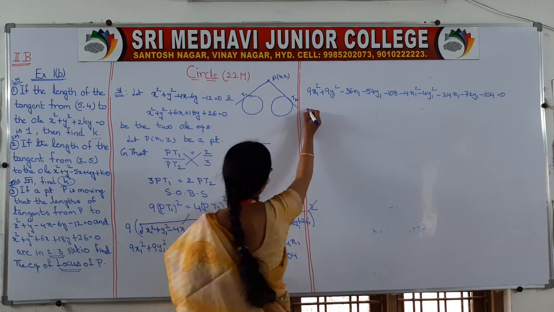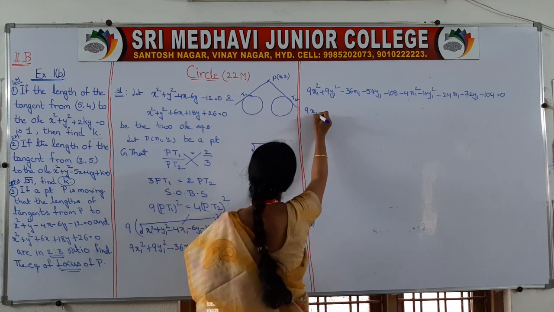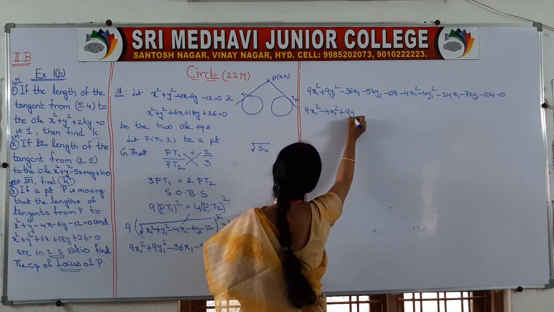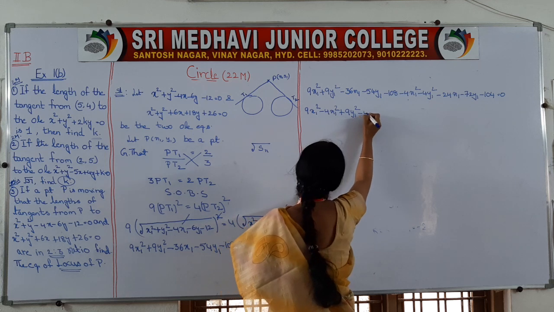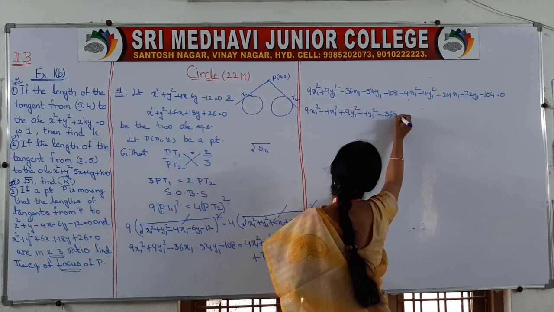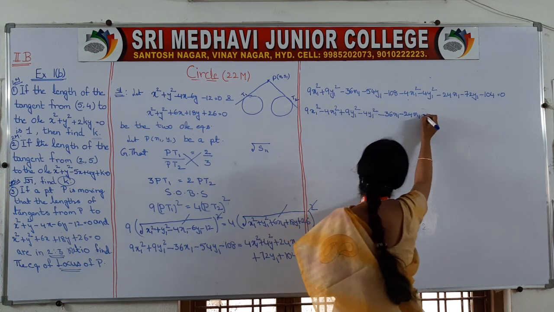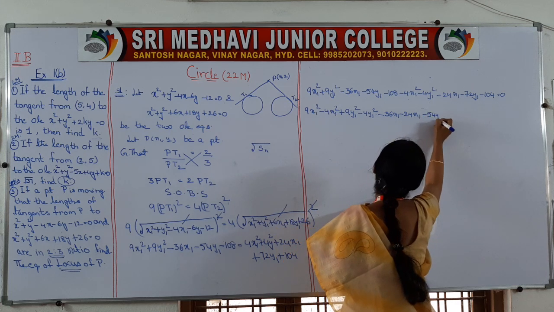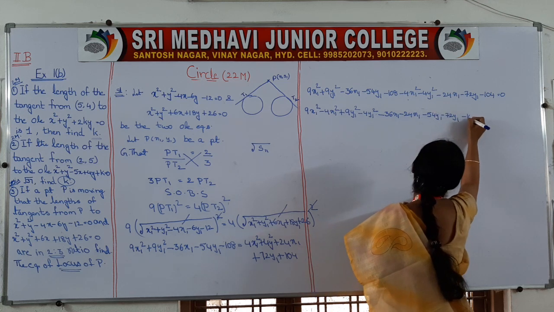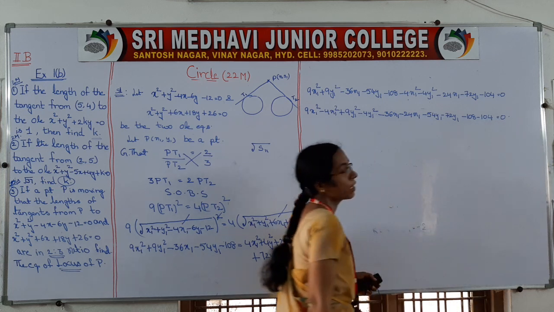So come on, 9x1 square minus 4x1 square, 9y1 square minus 4y1 square. Writing x terms together, 36x1 and 24x1; y terms together, minus 54y1 minus 72y1, minus 108 minus 104 is equal to 0.